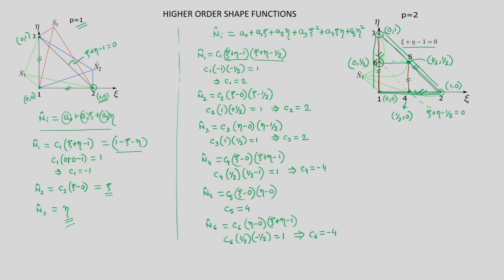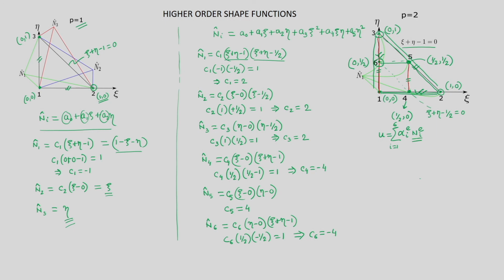So, for p equal to 2, one thing to note is that the unknown u in this element ranges over alpha i times N i, with i ranging from 1 to 6, as there are 6 nodes, or there are 6 non-zero phi i's or N i's in this element.